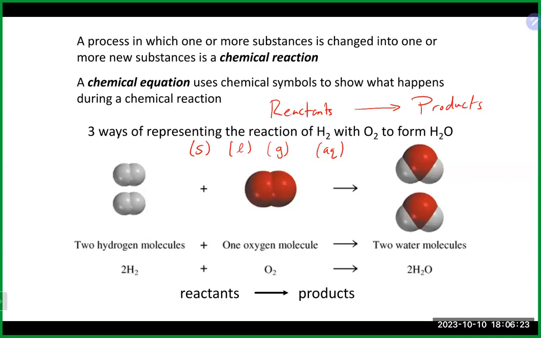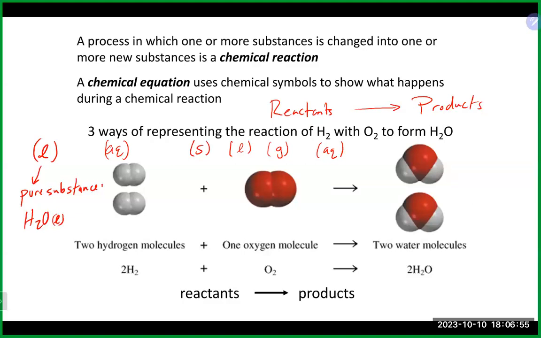We might have talked about this before, but just in case we didn't, there is a difference between liquid and something that has the aqueous designation. They are both really in the liquid state, but they are different things. Something that is a liquid is usually a pure substance, so just one thing by itself, like water, for example, would get the designation of a liquid.